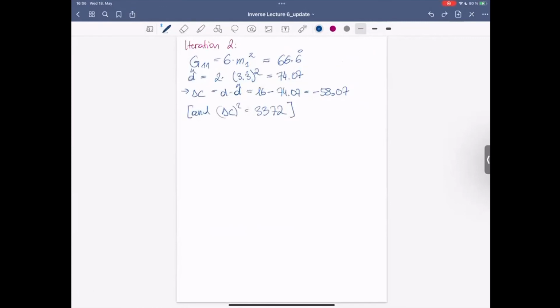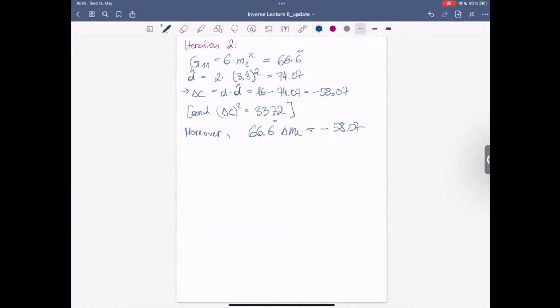So what we can then estimate is the delta M2 from this G11. So 66.6 periodic times delta M2 equals minus 58.07.